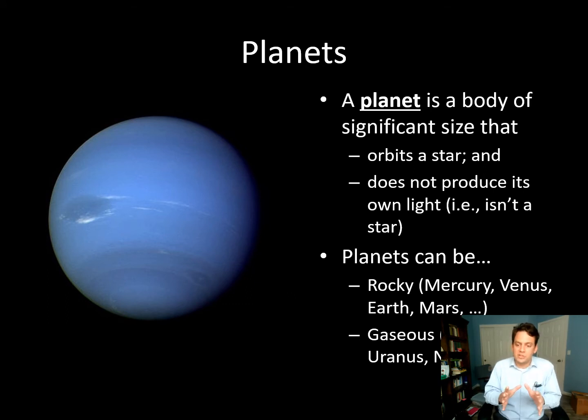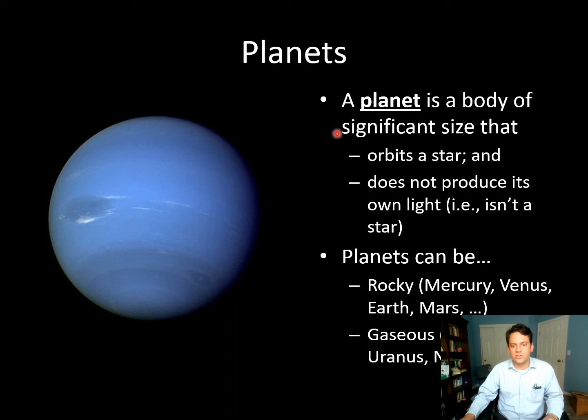In particular, by it's not a star, we mean it's not producing its own light, right? It does not have nuclear fusion going on in the core. It's not producing its own light. If any light is coming off of it, it's because it's reflecting off of it, having come first from a star.